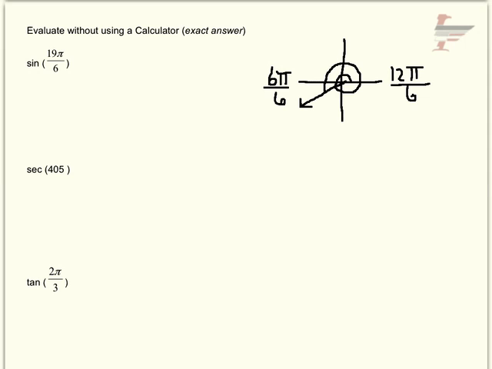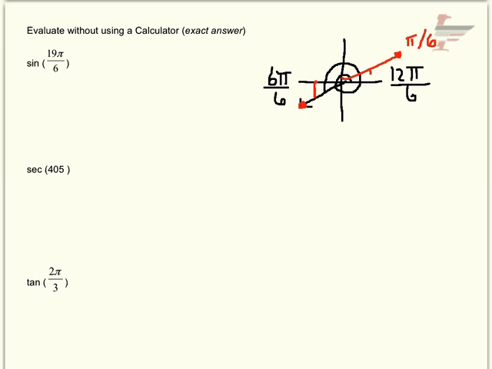Okay, so I know that over here, my angle pi over 6, which is going to be this reference angle, they'll have the same coordinate points except opposite signs, right? This would be all positive. Over here, they're both going to be negative. So what are the coordinates for pi over 6?